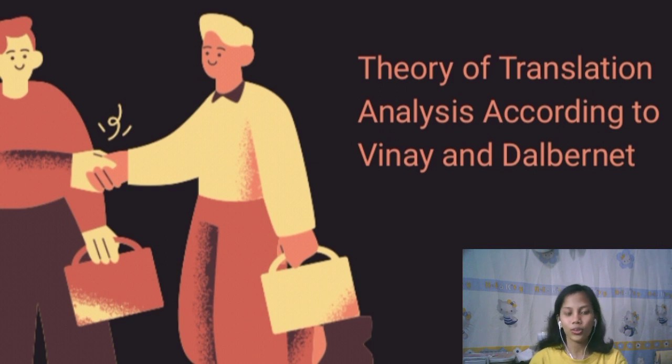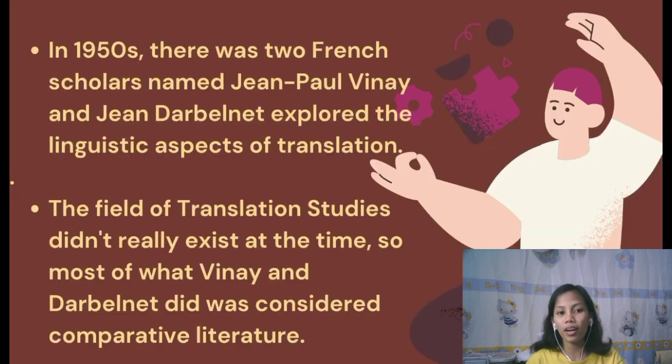Mariscal, and today I will be discussing to you the theory of translation analysis according to Vinay and Darbelnet. Way back in the 1950s, two French scholars named Jean-Paul Vinay and Jean Darbelnet explored the linguistic aspect of translation.